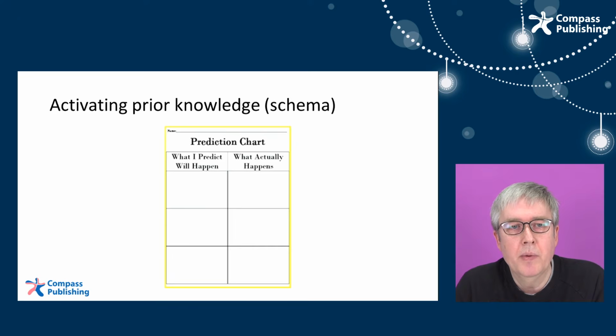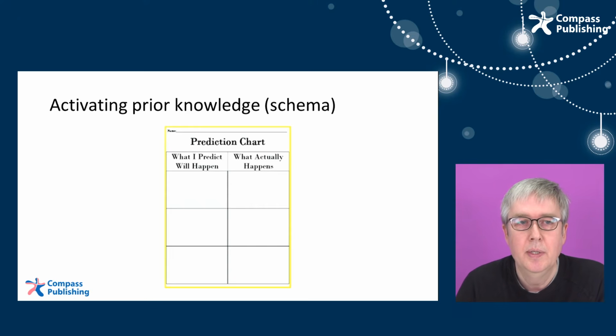Here's another one that we can use, which is the prediction chart. Prediction charts are usually used for reading short fiction, but you can also use them for nonfiction. Before you read the story, you get the students to scan it very quickly.